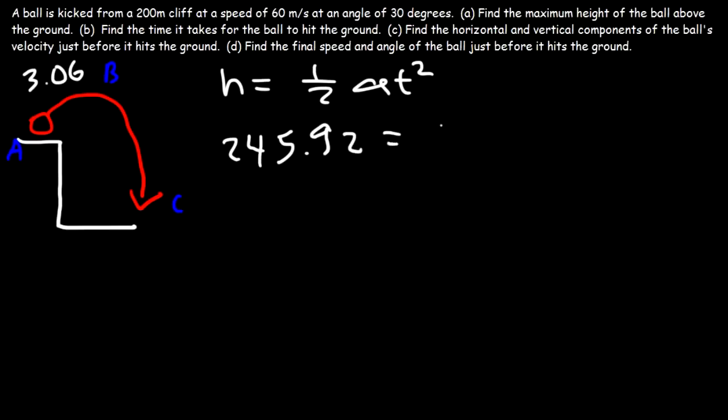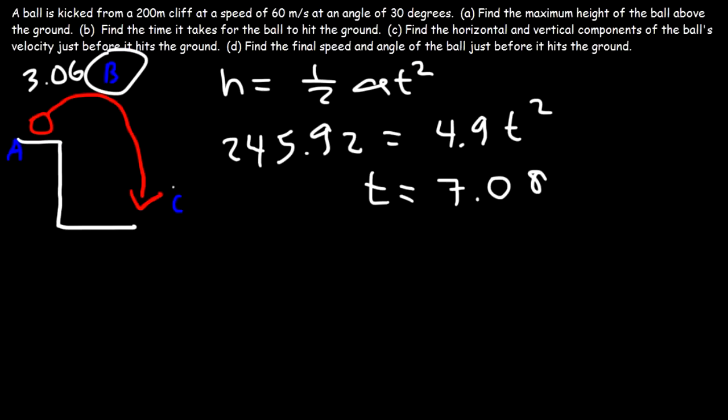Half of 9.8 is 4.9 times t squared. So 245.92 divided by 4.9, and then take the square root of that result. So t is 7.08. That's the time it takes to go from B to C.